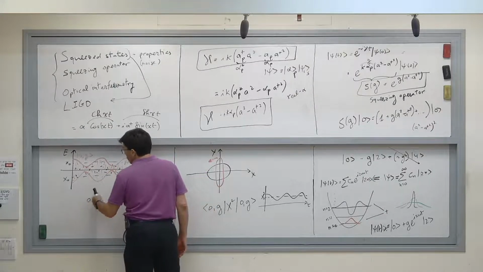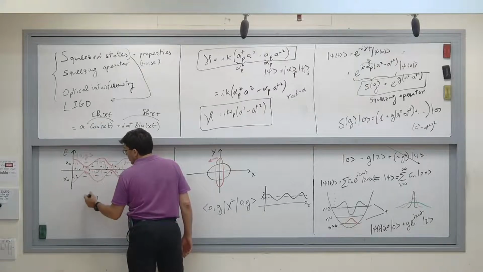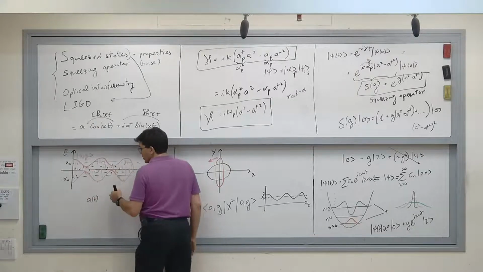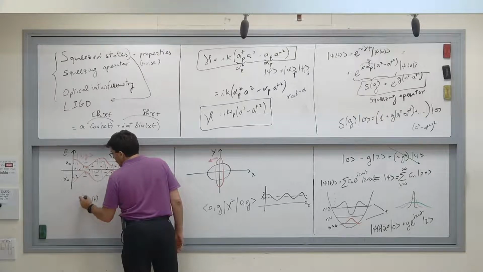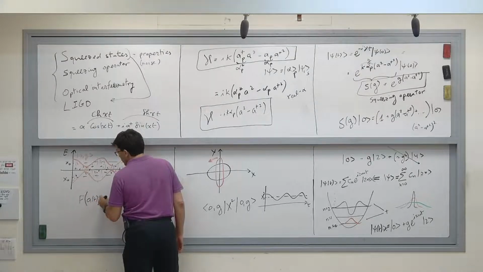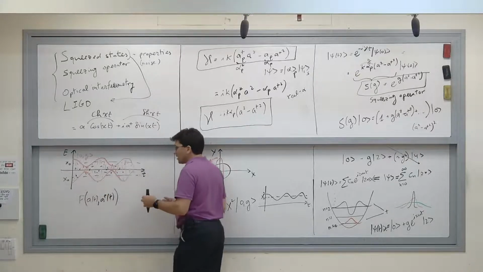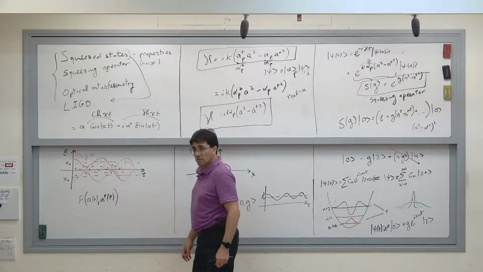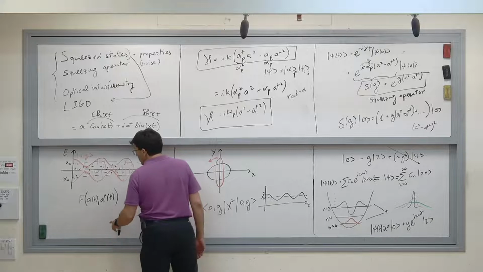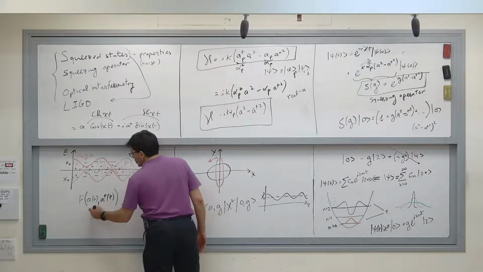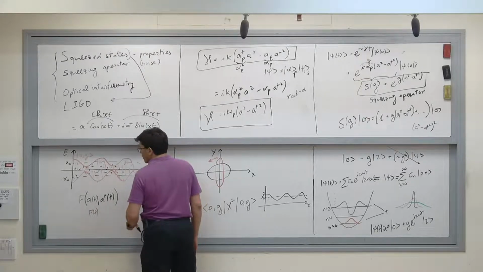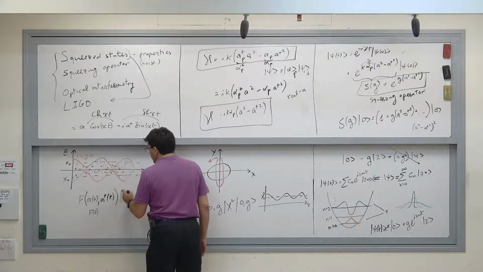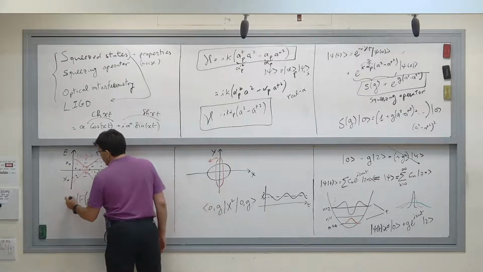I want to measure some value f, which depends on A and A dagger, some Hermitian operator built out of those. I call this the operator f of t, and I can calculate this operating on psi.